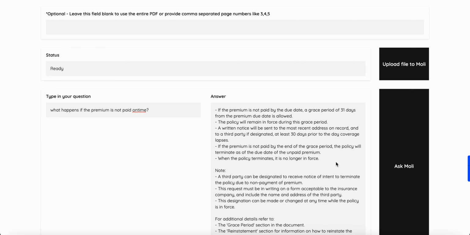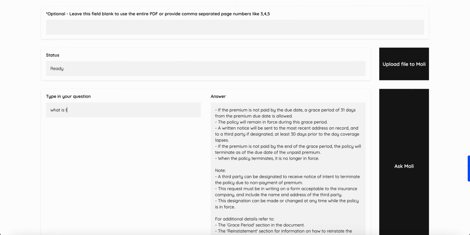So I got a straight answer over here that if you don't pay the premium on time, you have a certain number of grace days, which is 31 days here. And if you still don't pay, then it gets terminated. So quite handy.